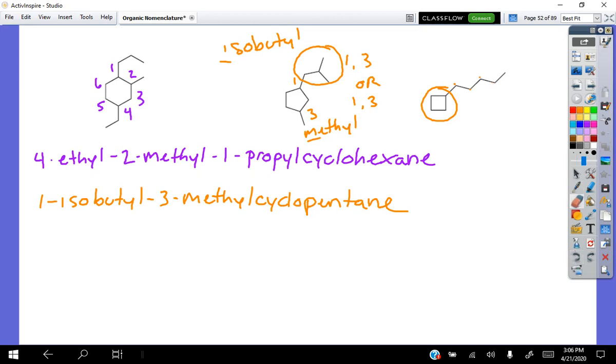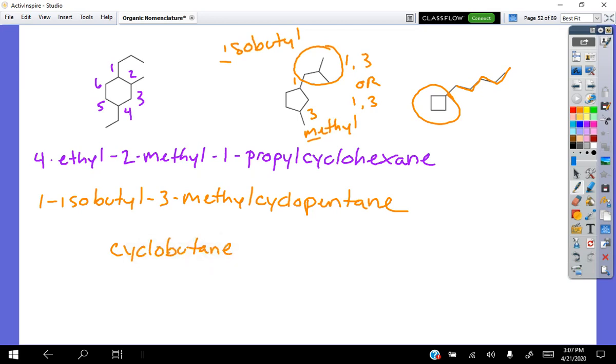Typically, cyclobutane would be considered the parent chain, but our branch sticking off is actually a longer carbon chain than the cycloalkane itself. So since I've got 5 carbons in my chain over the 4 carbons in the ring, pentane is going to be the parent chain, and we're going to have to make cyclobutane a substituent.